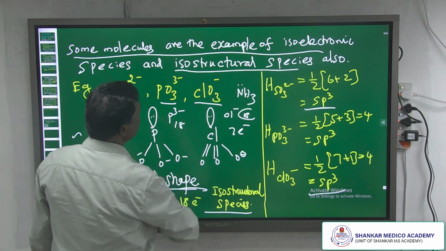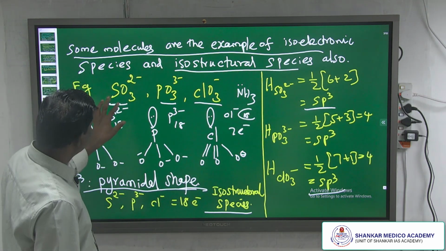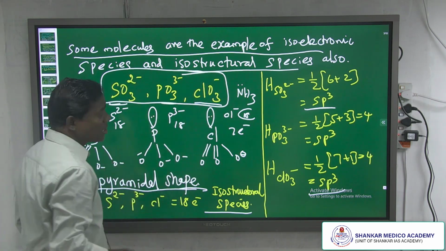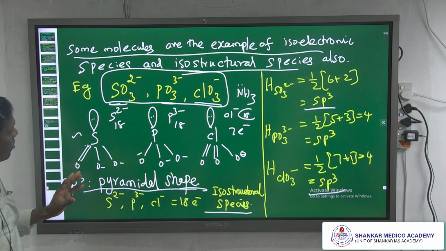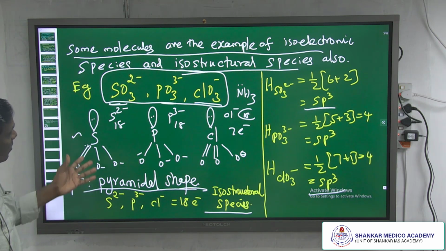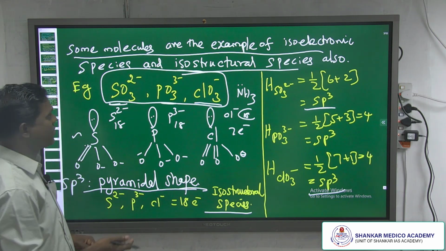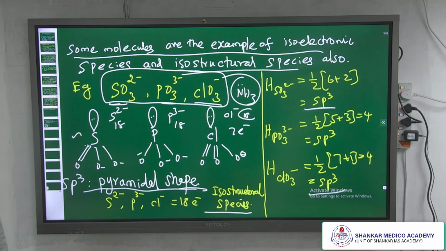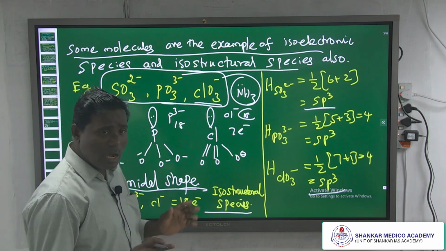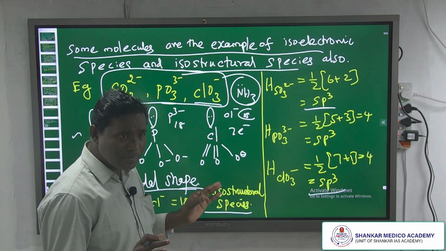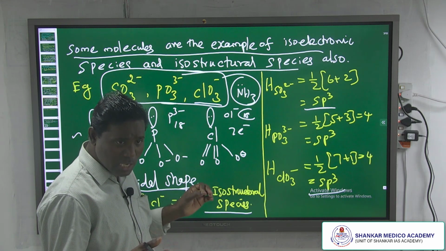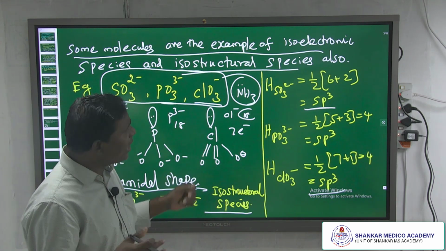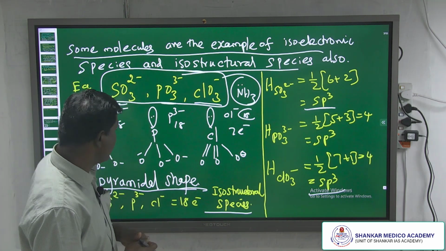So these 3 molecules are not only isostructural species, but also isoelectronic as well as isospheres, except ammonia. This also pyramidal shape. So always isostructural species are the set of molecules or ions having same hybridization and same geometry. That is why it is called isostructural species.